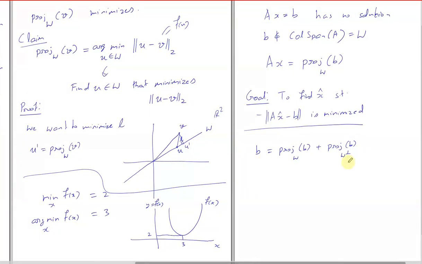You agree? We looked at orthogonal complements of a subspace, so W perp is the orthogonal complement of W. So B equals the projection of B onto W plus the projection of B onto W perp.